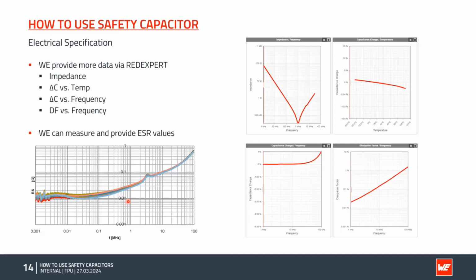But we found a way, we have a test setup that we can measure it with, and we can also provide it on request. So here you see the real measurement, and you can also imagine that, of course, the higher the frequency, because of self-heating, less current is allowed.